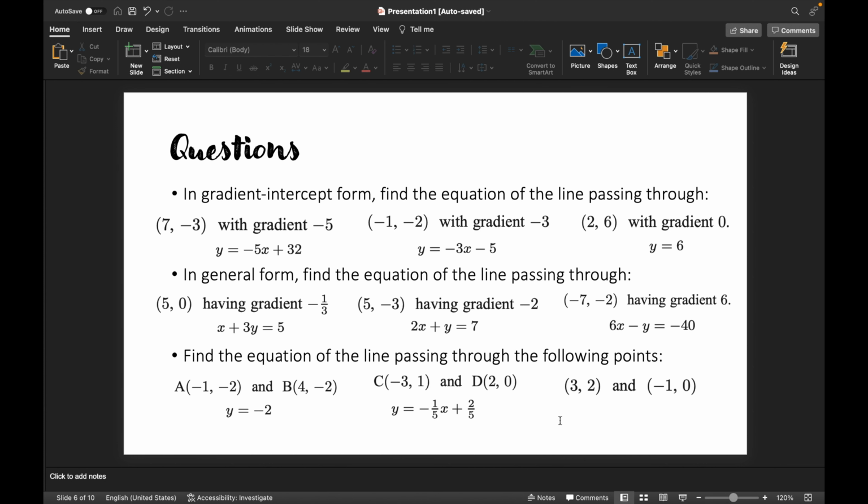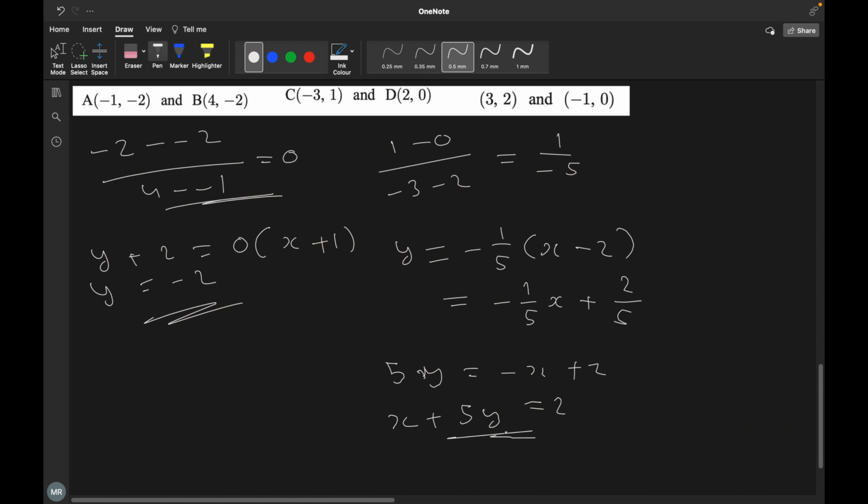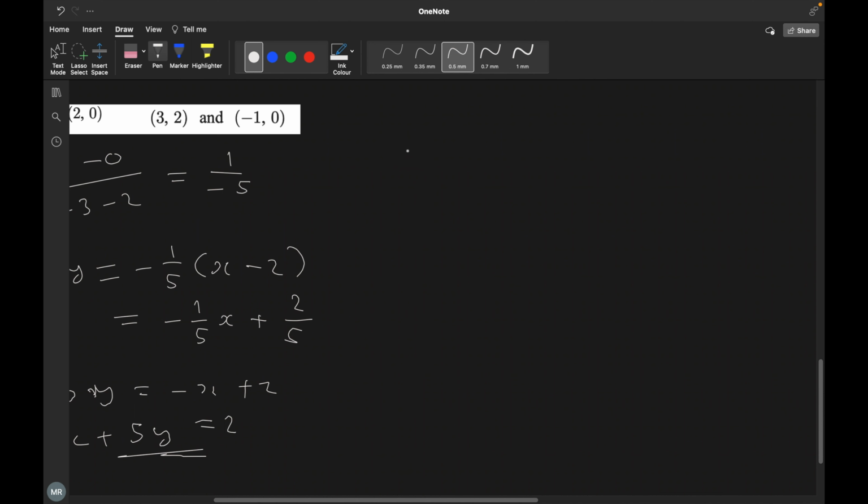Yeah, so they asked for gradient intercept form, which is this, or you can write it in this form also, general form. So now let's solve the final question. The gradient will be 2 divided by 4, because 2 minus 0, 3 minus minus 1. That's 1 by 2. Let's use this coordinate. So there is no y coordinate, so that will be y equals 1 divided by 2 into x plus 1.